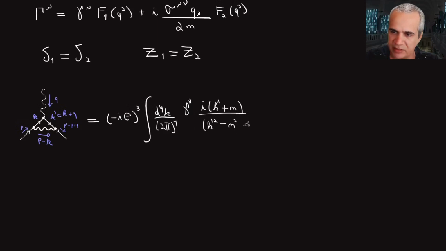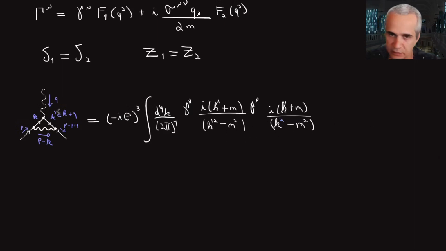Again, I'm suppressing the plus i epsilon just to keep our notation a little cleaner, but keep in mind, if I need the i epsilon, I'll bring it back. Then I call this vertex gamma mu; the factors of charge are already outside. Now the propagator with k is just (k slash plus m) over (k squared minus m squared).